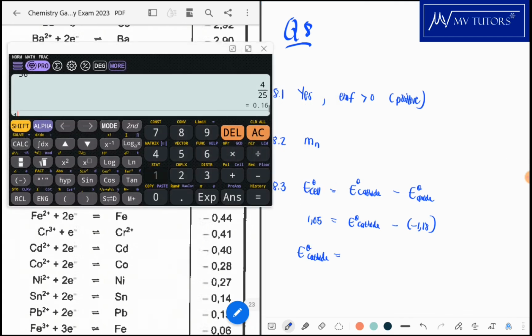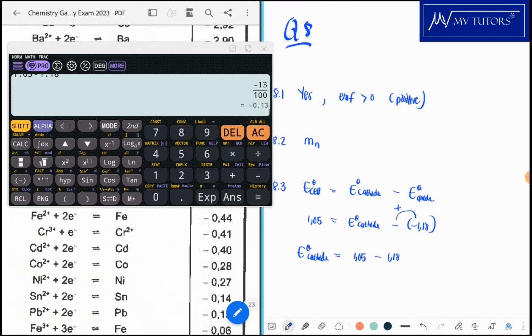We're going to say 1,05 minus 1,18, because a negative times a negative gives you a positive.